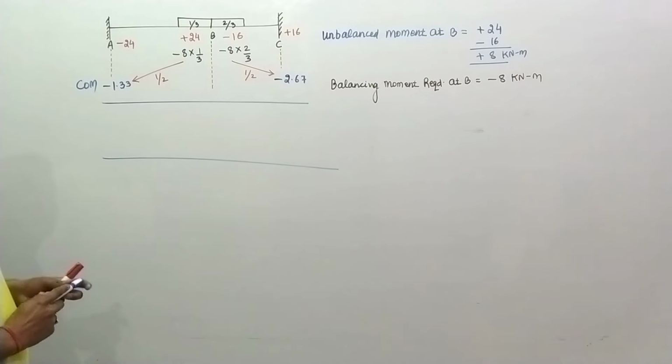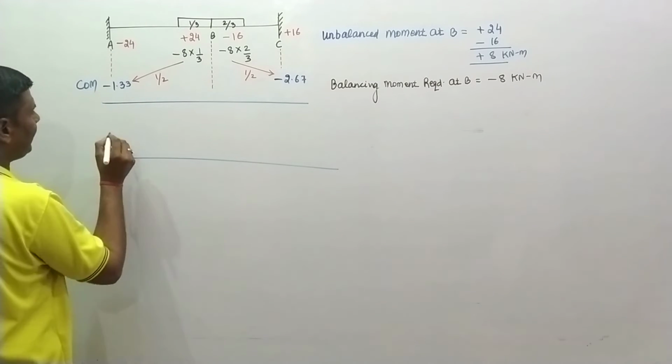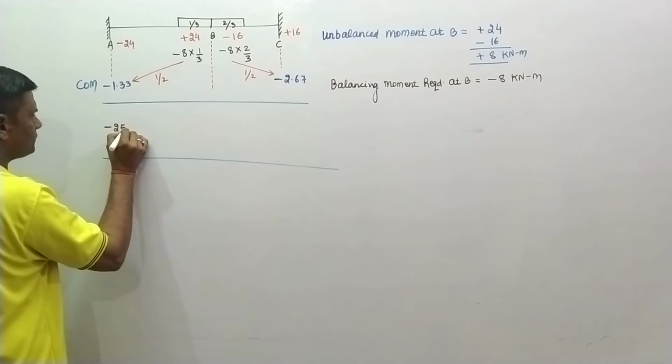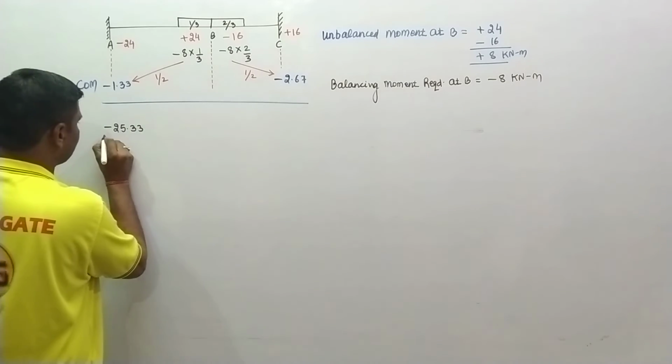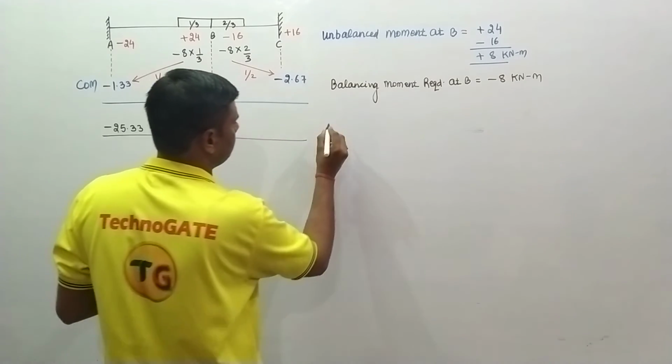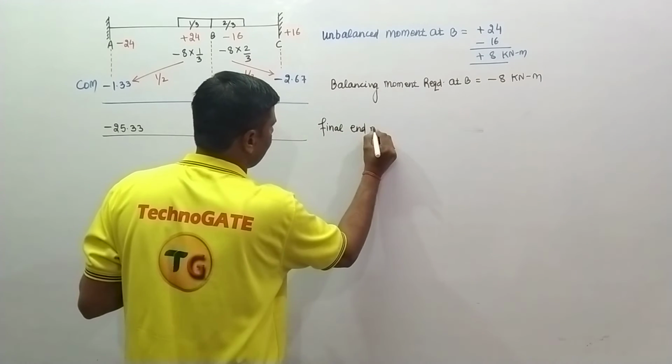Okay. So minus 24 minus 1.33 at end A, the value is minus 25.33. These are the final end moments.